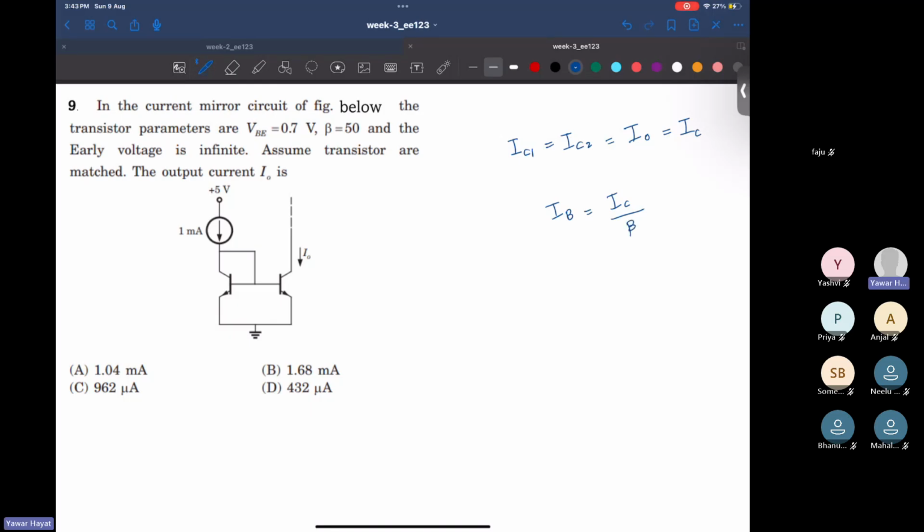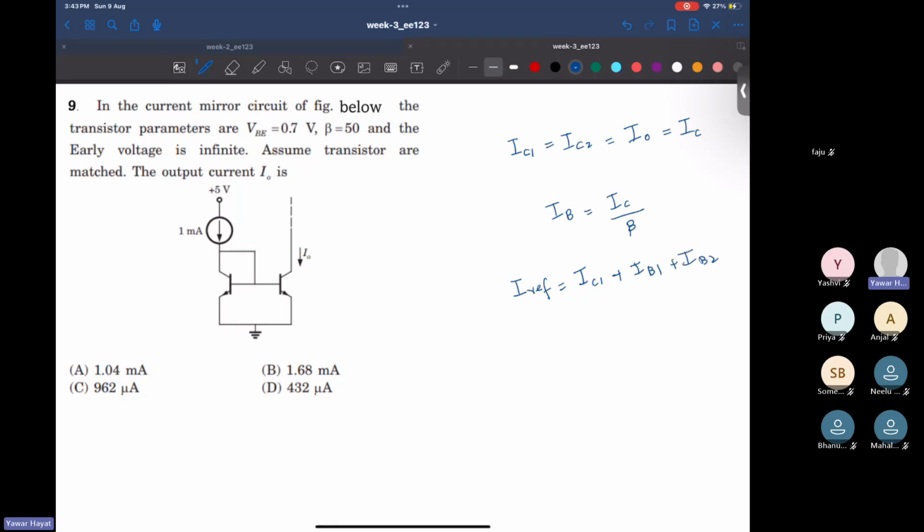If you apply KCL at that common base collector node, what do you get? That IREF, a reference current, is equal to IC1, the collector current flowing in the first transistor, plus IB1 and plus IB2.